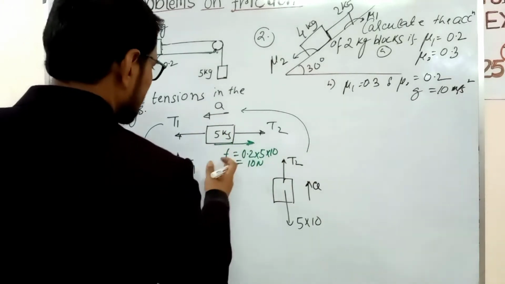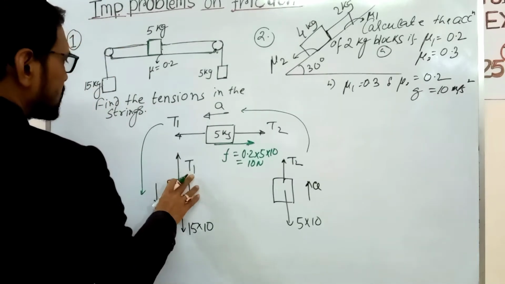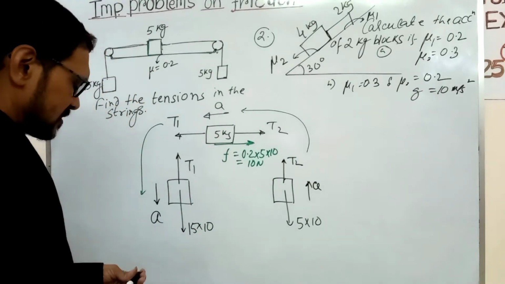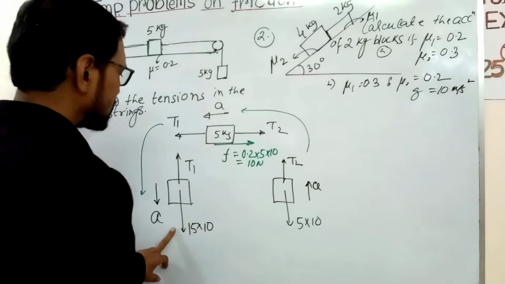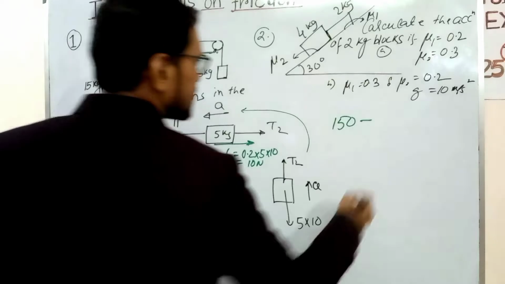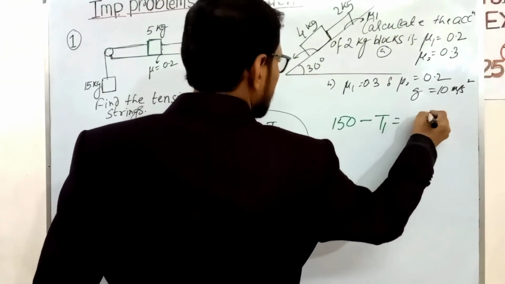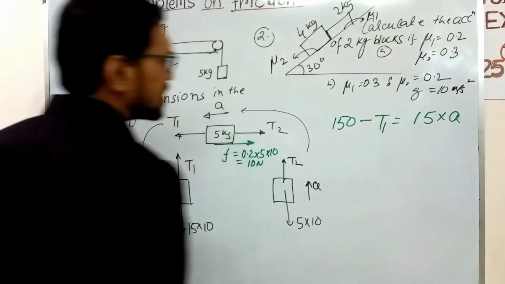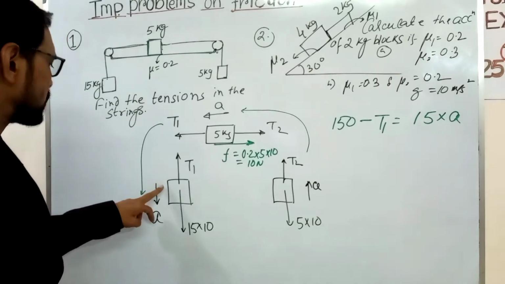Now write the equation of motion for each block. First for this block, the equation of motion will be 150 minus T1 equal to ma, 15 into a. So this is the equation of motion for the 15 kg block.